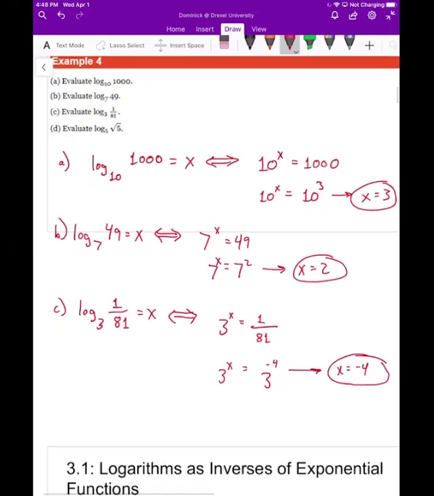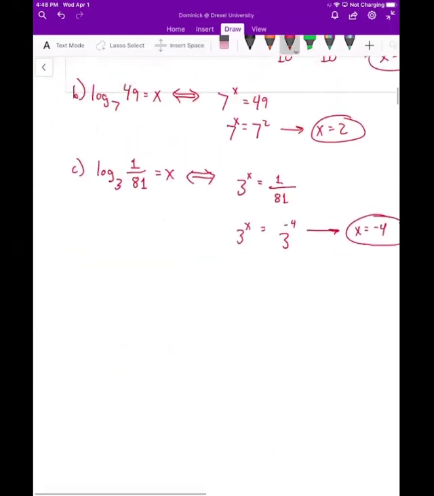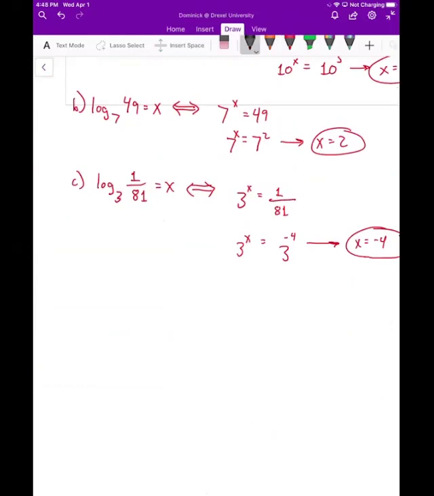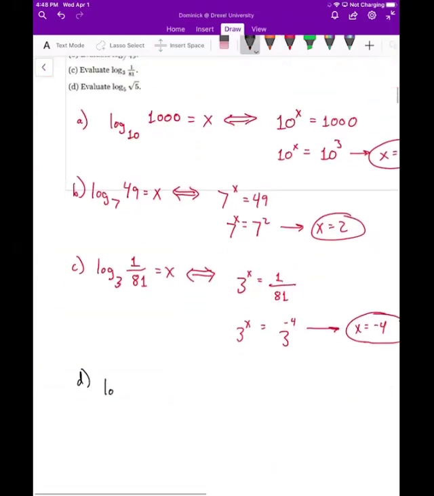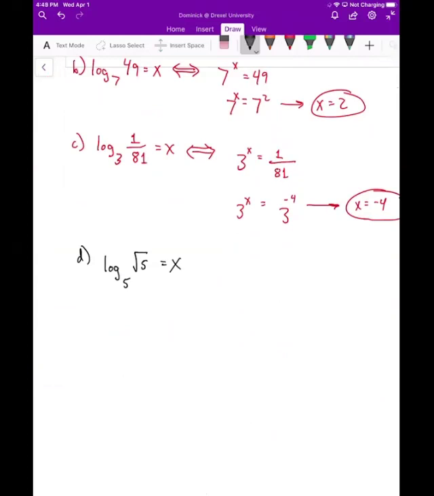Now, part D is something that we have to be a little bit creative with, because in part D, we want to find log base 5 of square root of 5 is equal to x. All right, now if you convert this, this is 5 to the x equals square root of 5.